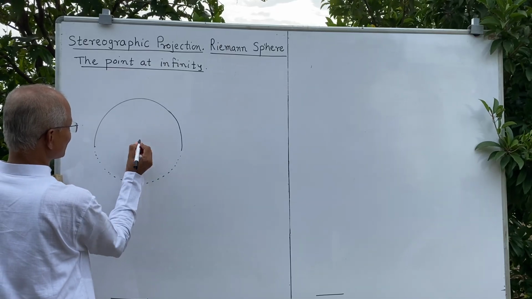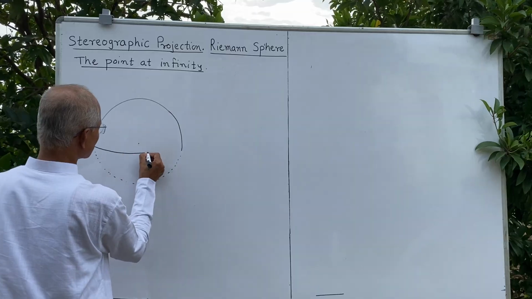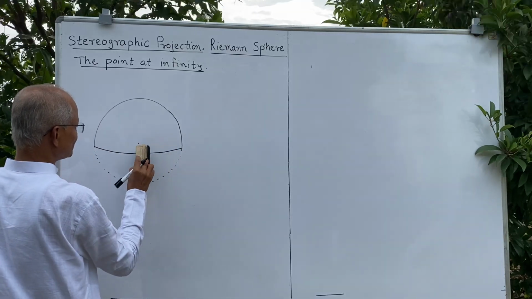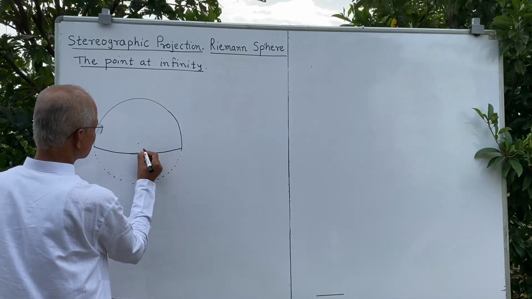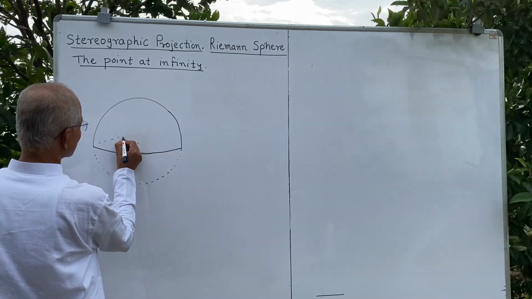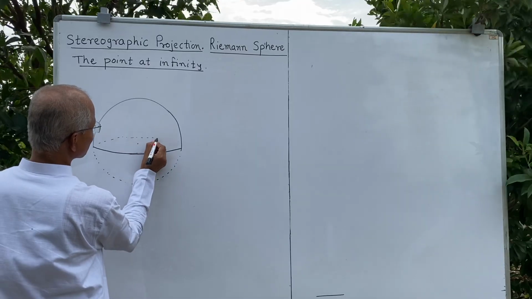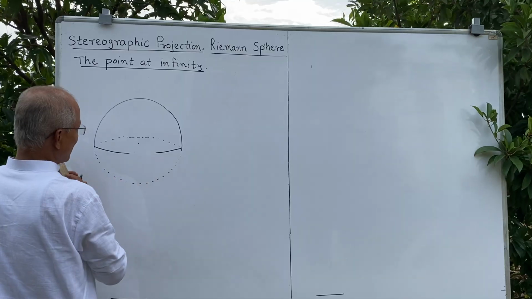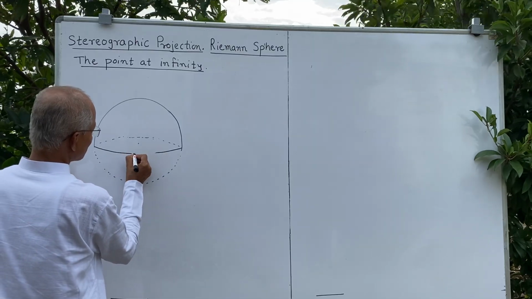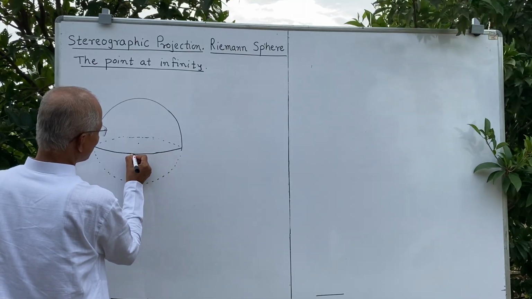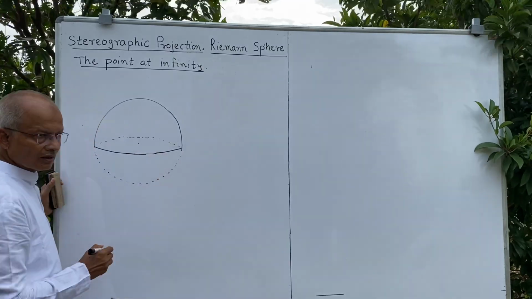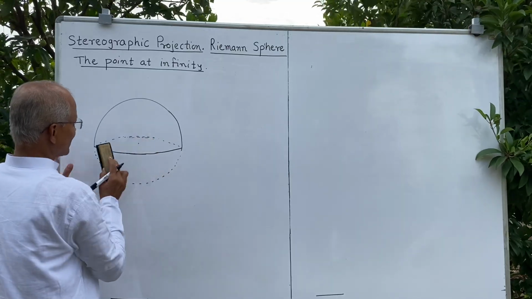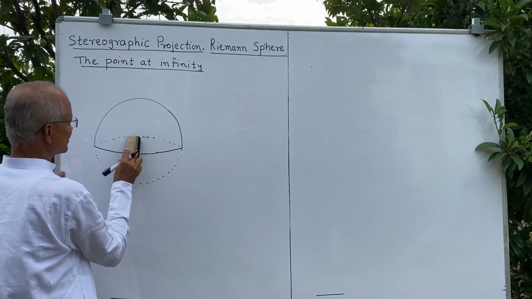This is the center, which is the origin, and this is the equator of the sphere, and this equator lies in the complex plane, and therefore the complex plane we shall consider here passes through the equator.